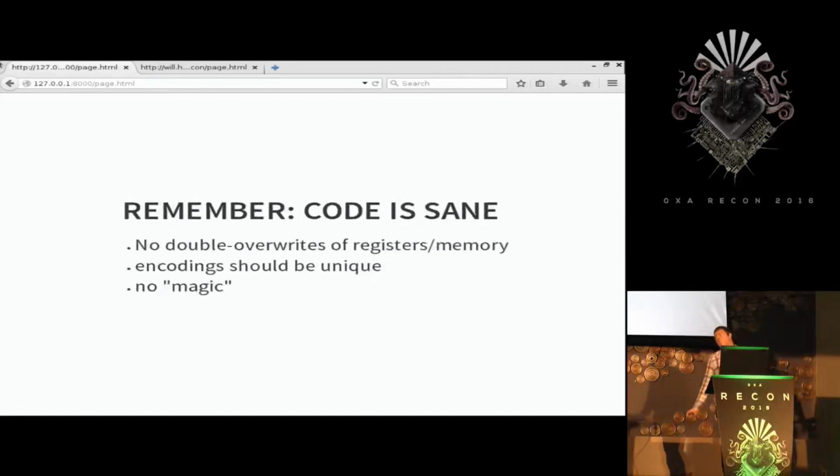So remember, when you're doing this kind of thing, that code is sane. Values shouldn't be written to a register and then promptly overwritten. The ALU and registers shouldn't behave in one way for the vast majority of instructions and then differently for one instruction alone. There shouldn't be a huge number of distinct encodings for the same operation that you think is occurring.